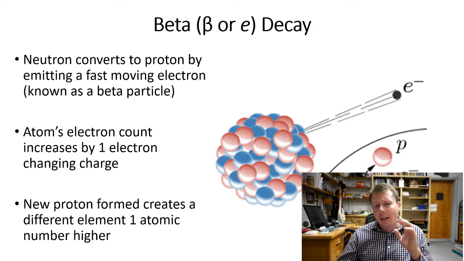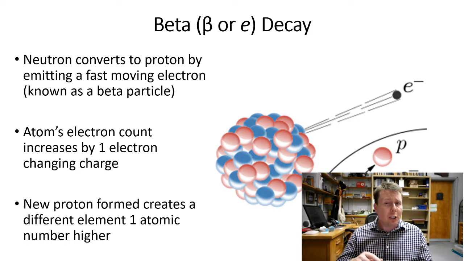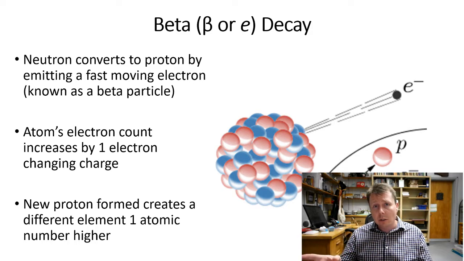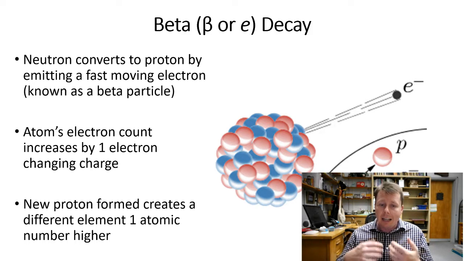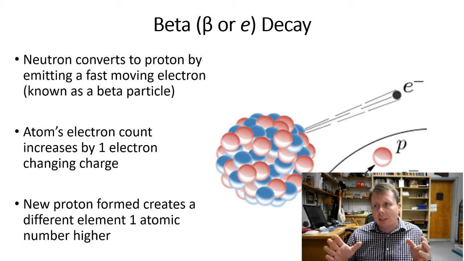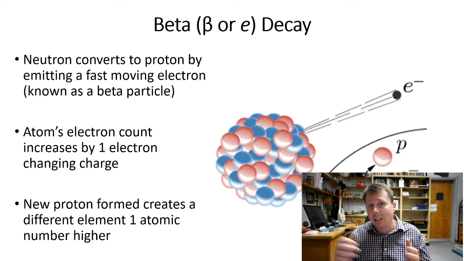And so with this, you're actually going 1 element or isotope forward on the periodic table instead. So this is the opposite direction of where we went with alpha decay. And this creates a slight negative charge that draws it towards the positive end, like you saw in the video there. And so the key thing here is we're going 1 element to the right, or all the way down and to the right if you're on the end of the periodic table.